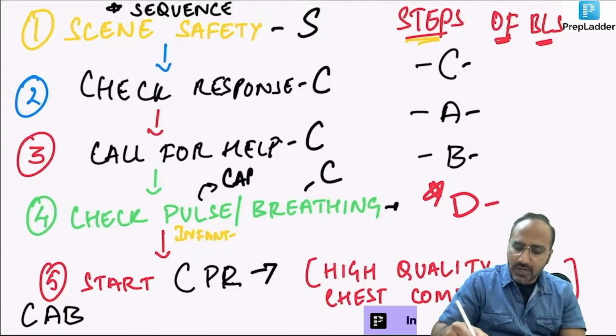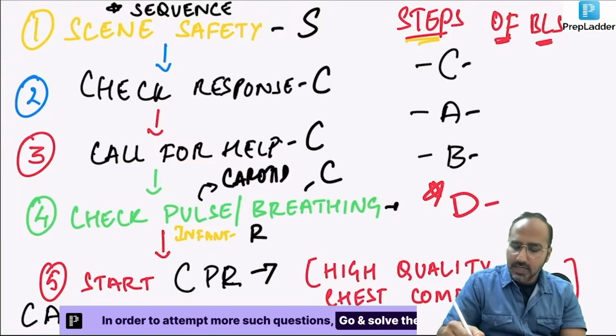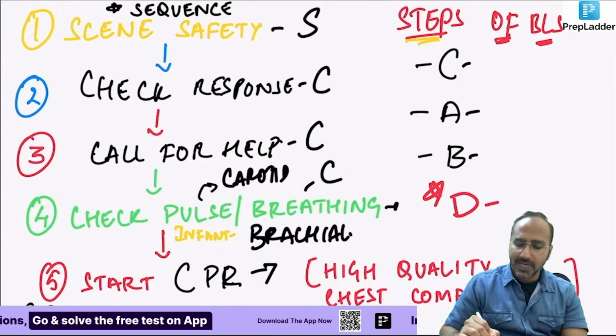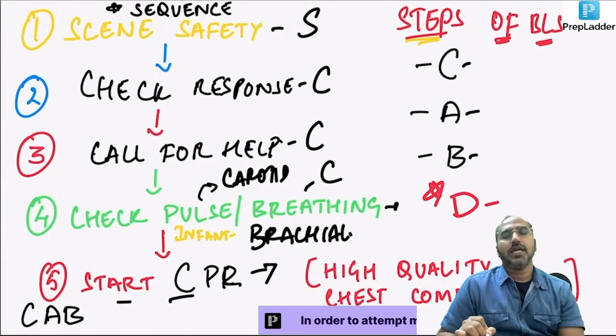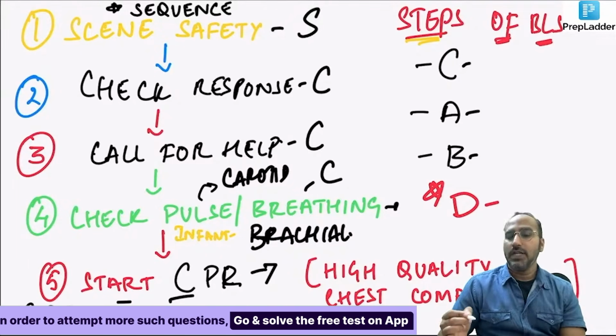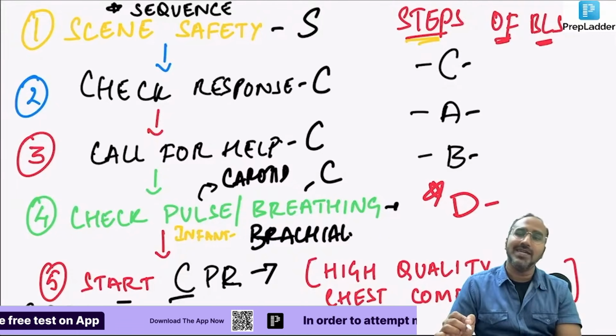You check the carotid pulse in adults, whereas in infants you check the brachial pulsations. Next, if no pulse, no breathing, you start your high quality chest compressions. Now remember guys, in the BLS sequence, will you go for ABCD or CABD?